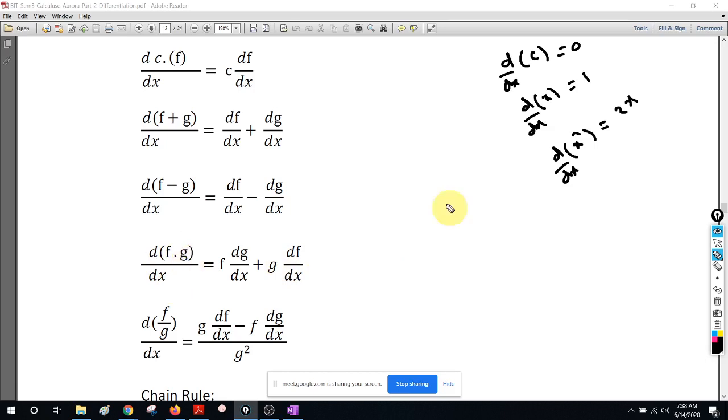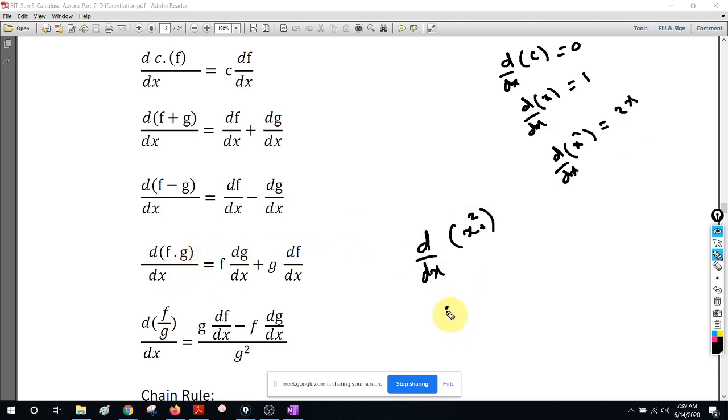Let's take something like d by dx. Because I have only three derivatives yet, I can't do any serious stuff yet, so bear with me. Say x squared. We know the derivative of x squared is 2x, but let's try to apply this rule.